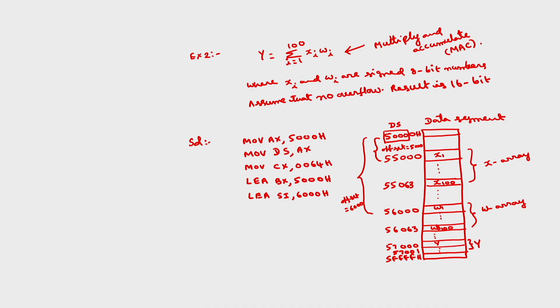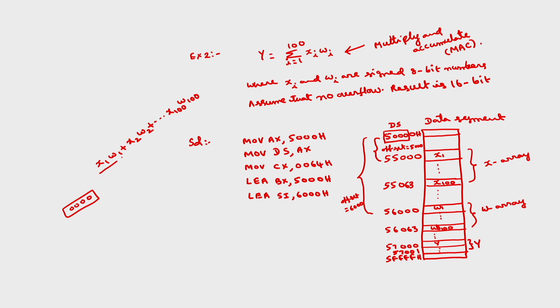Okay. This is something like if I want to multiply 5 onto 6. If I want to add, say for example, what I will do is here x1 w1 plus x2 w2 plus so on up to x100 w100. So, I am taking one register with 0 0 initially.